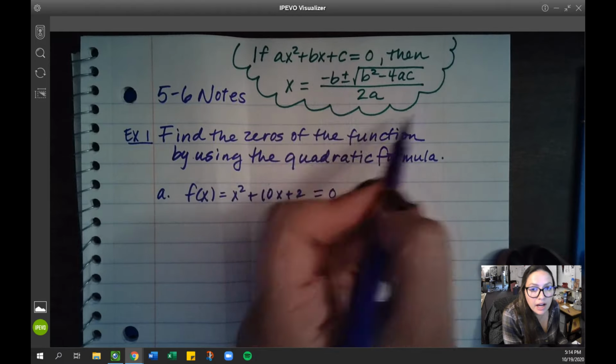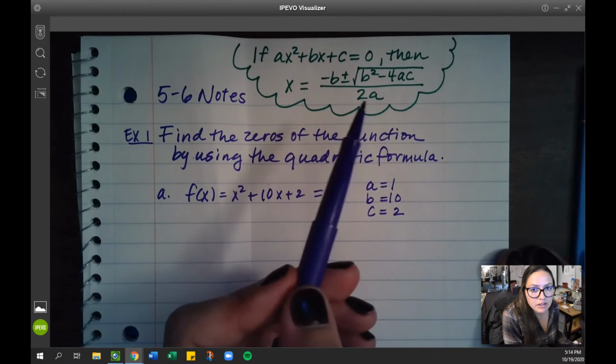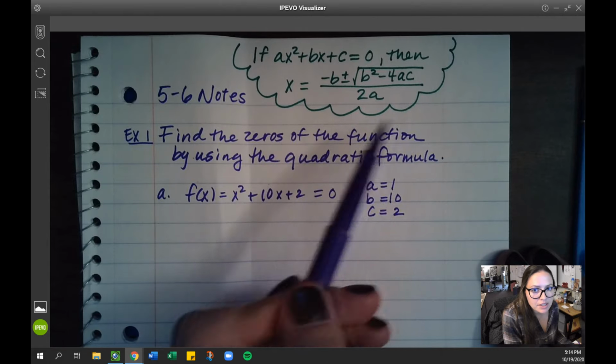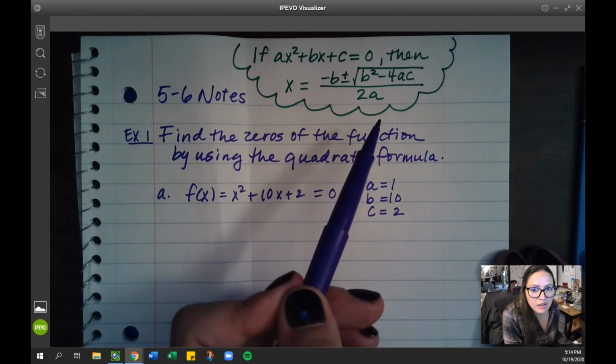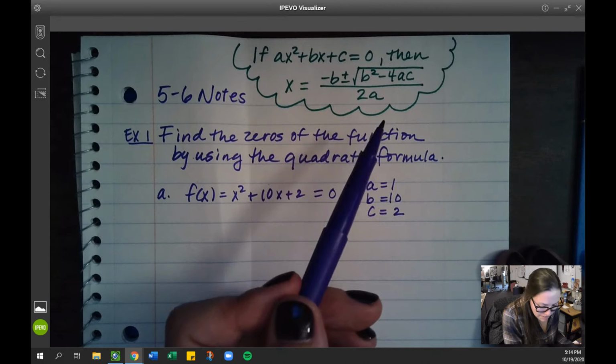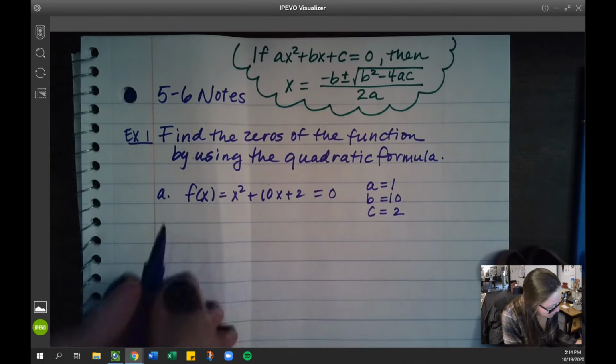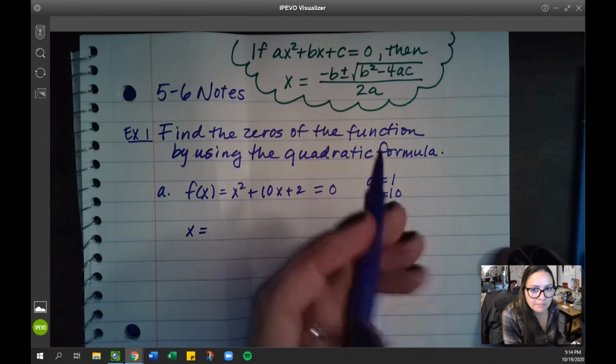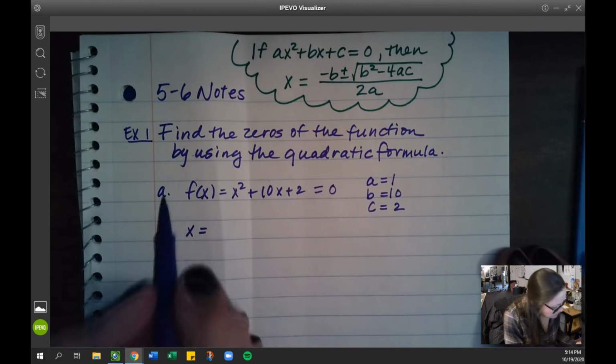So now I'm just going to plug everything into this formula. And everywhere I see an a, I'm going to change it to 1. Everywhere I see a b, I'm going to change it to 10. And everywhere I see a c, I'm going to change it to 2. So here's how it's going to go. x equals negative b.